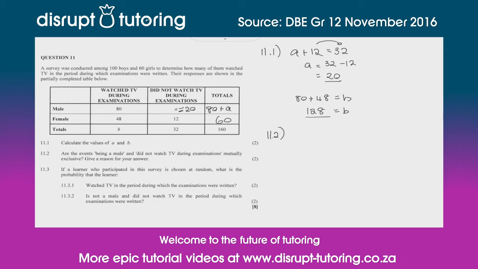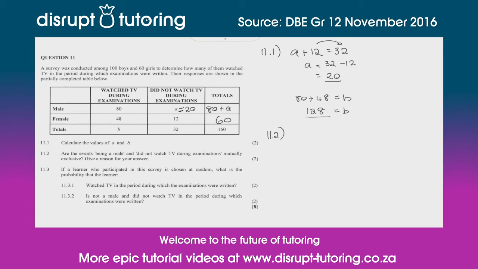Next question, 11.2. Are the events being male and did not watch TV during examinations mutually exclusive? And give a reason for your answer. Okay, so for this question, we will work out whether or not the probability of the event being male and did not watch TV does not equal 0.